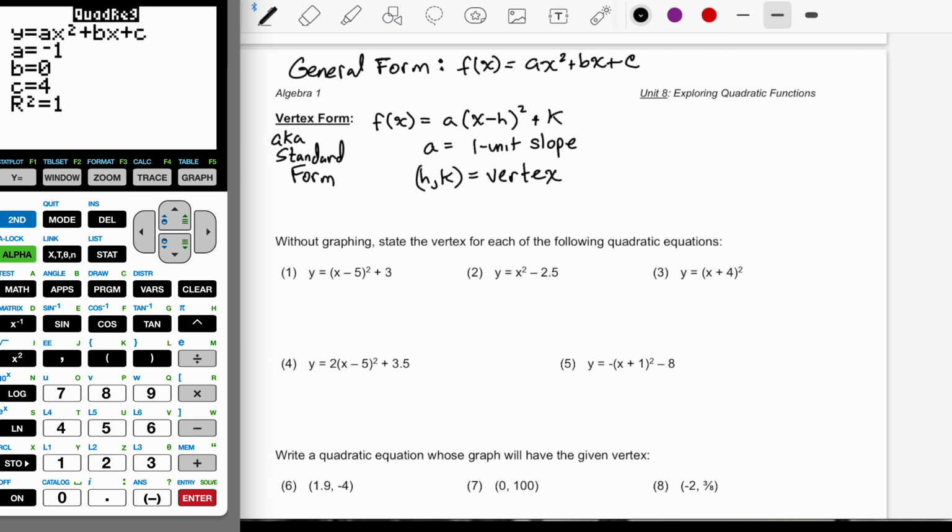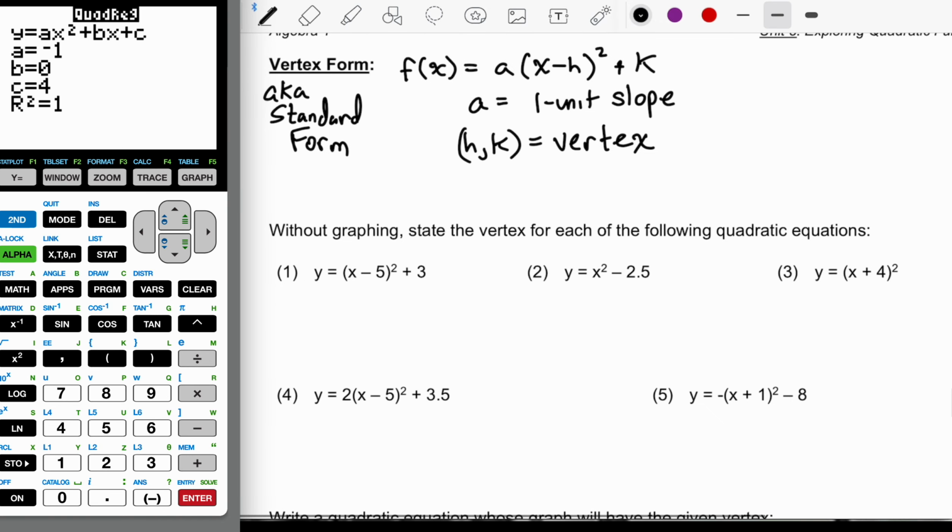Looking at that first example here, all I would really be doing is matching that up to the standard form, or the vertex form. So f of x is equal to a times x minus h squared plus k. Well, the k will be 3 in a sec.